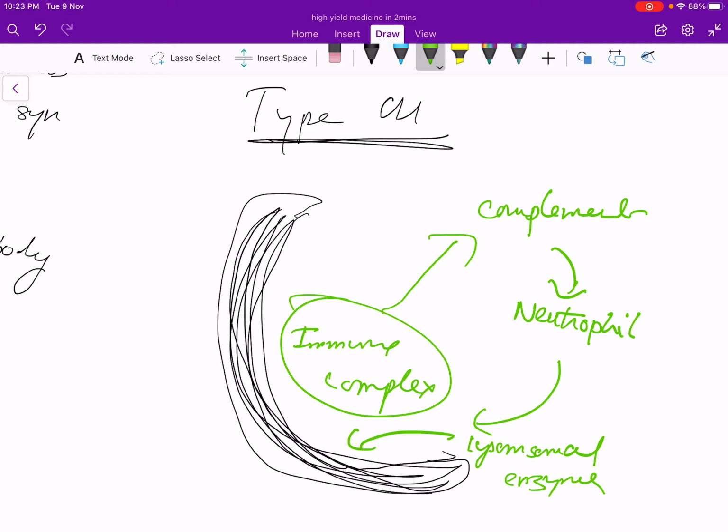So that leads to damage of the normal cells. A classic example of this is post-streptococcal glomerulonephritis, and other examples are Arthus reaction and serum sickness.